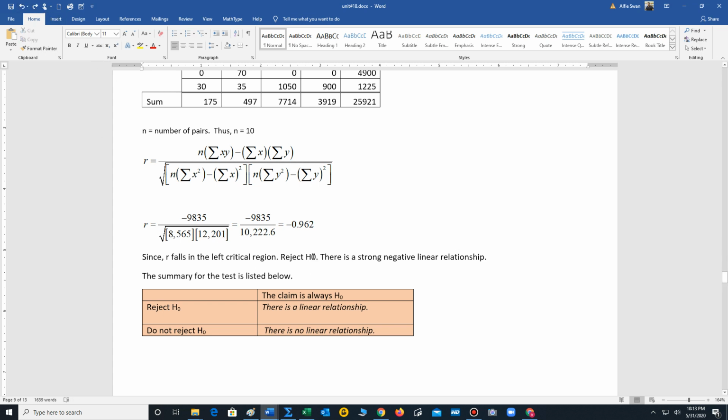And we do have a little summary chart here that states there is a strong linear relationship. So whenever we reject H0, we always state there's a strong linear relationship. If we do not reject H0, there is no linear relationship.